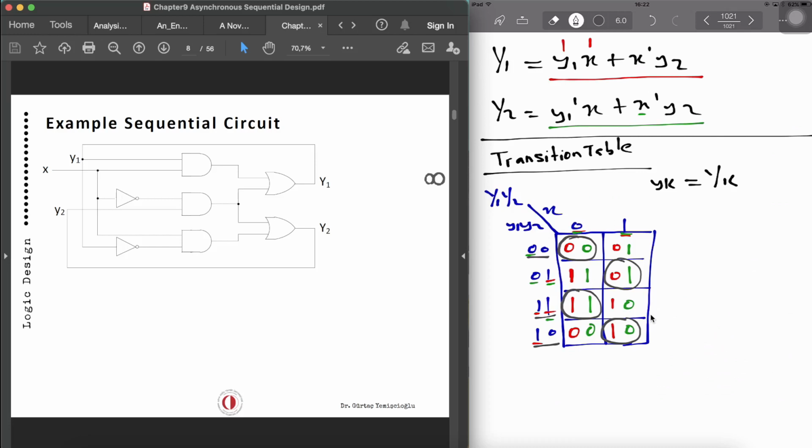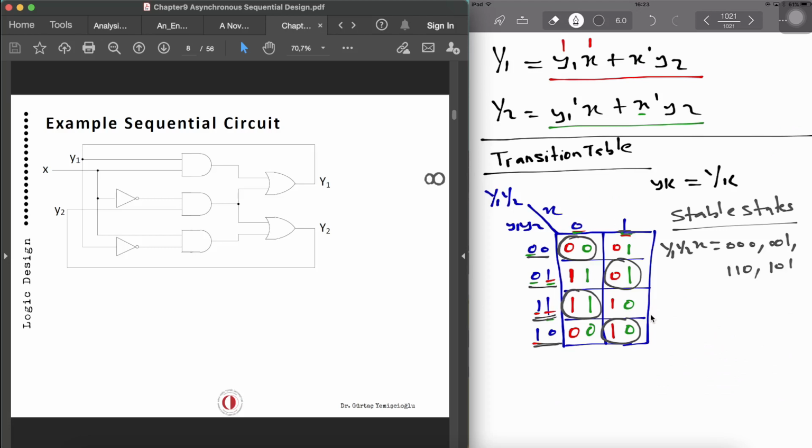Now what we can say is the stable states are going to be, in terms of y1, y2, x: 0 0 0, then 0 1 1, so the present states and the input, or 1 1 0 and 1 0 1.